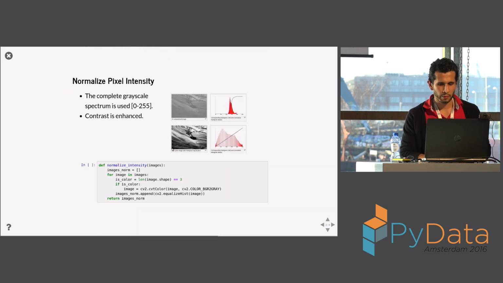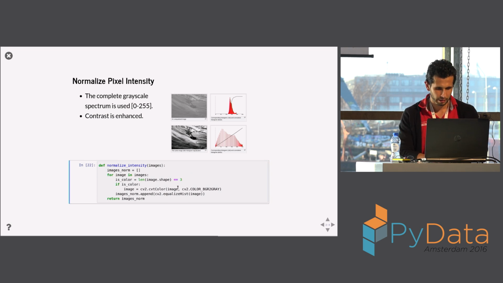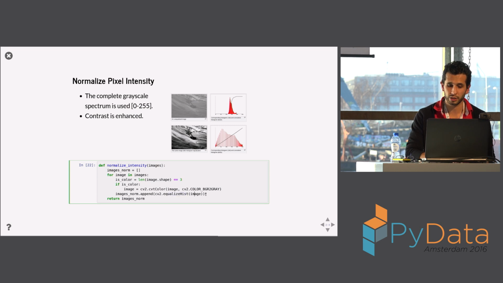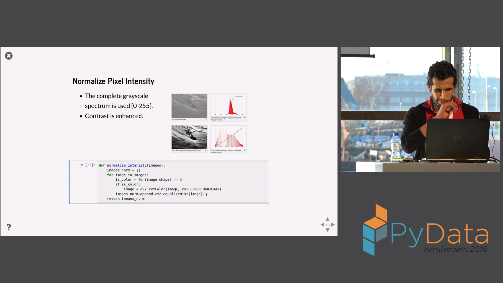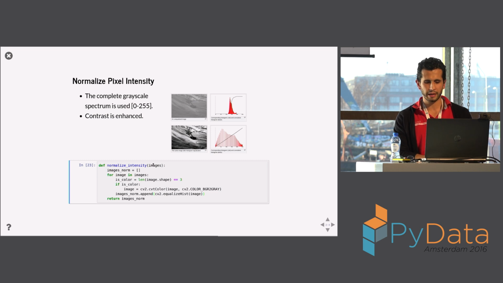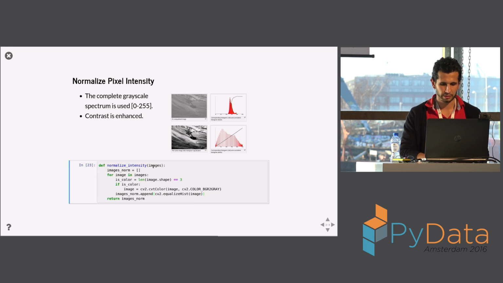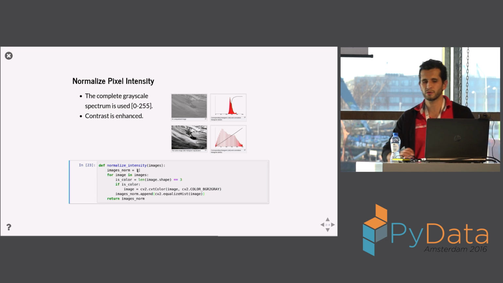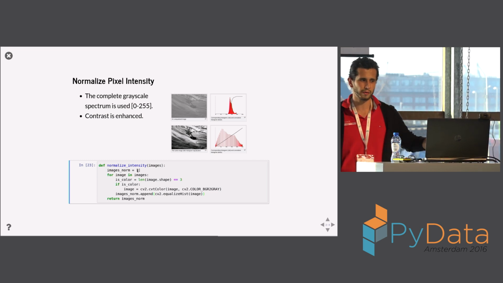Now we're going to normalize the intensity. For this, it's very easy. It's just this command here, equalize histogram. And then we just normalize the face. What I'm doing here is sending a list of face images, and it returns the list of images, but normalized. What it does is try to use the complete grayscale.